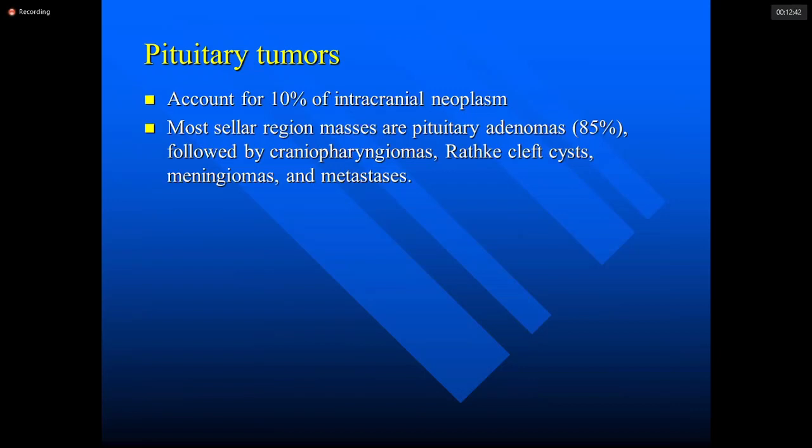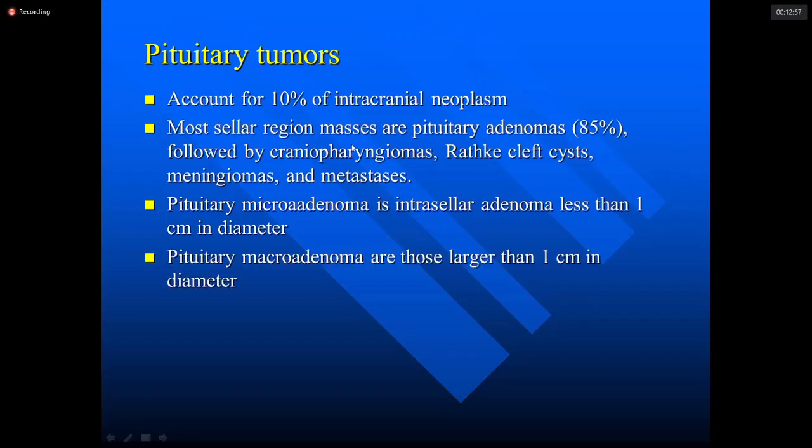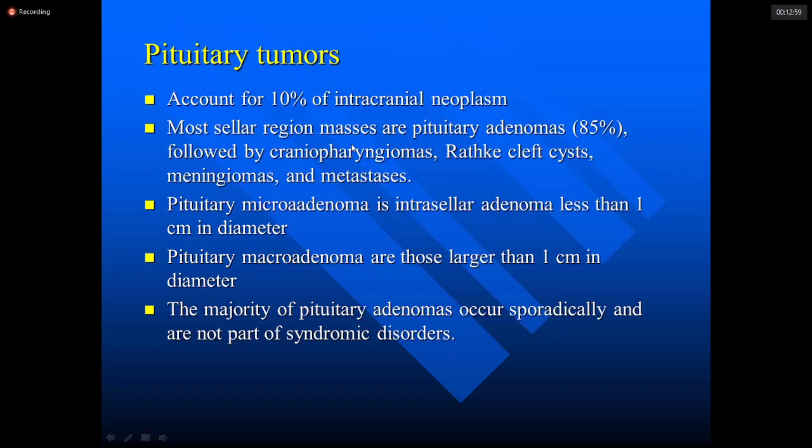So mostly they are benign pituitary adenomas. We define a pituitary adenoma as a microadenoma if it was an intrasellar adenoma that is less than 1 centimeter in diameter. And we say it's a macroadenoma if it was more than 1 centimeter in diameter. And most of them are sporadic in occurrence. They are not part of a syndrome.